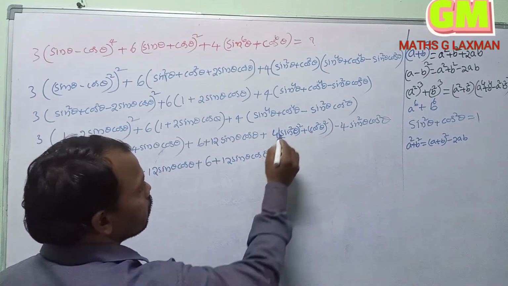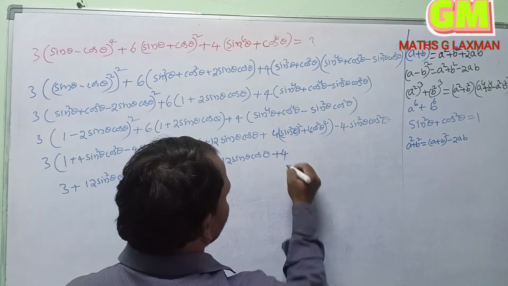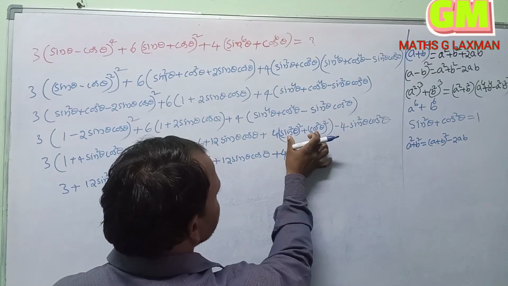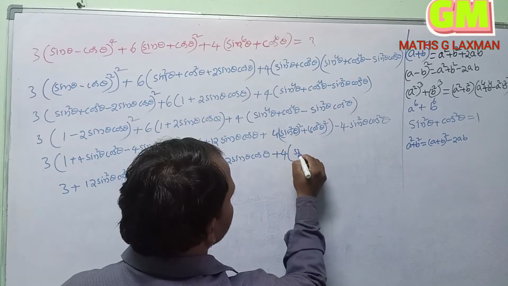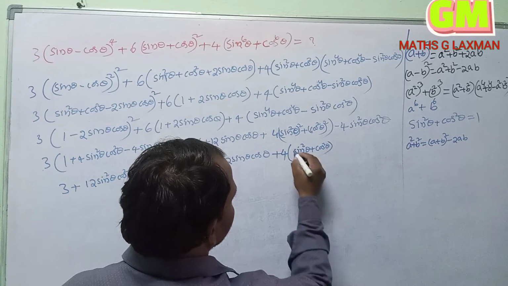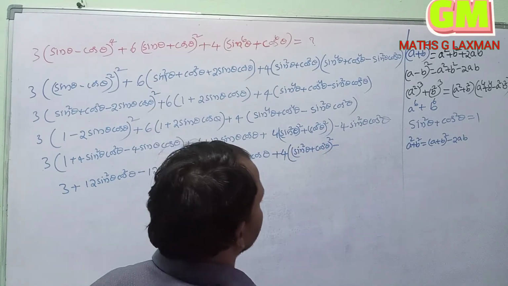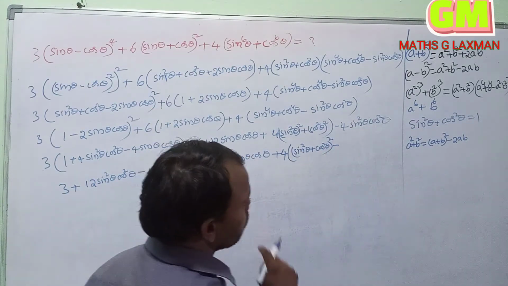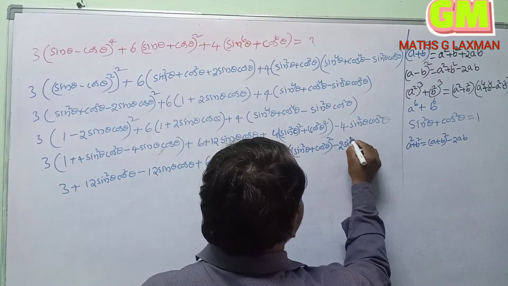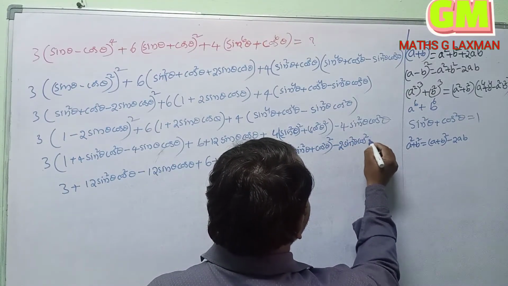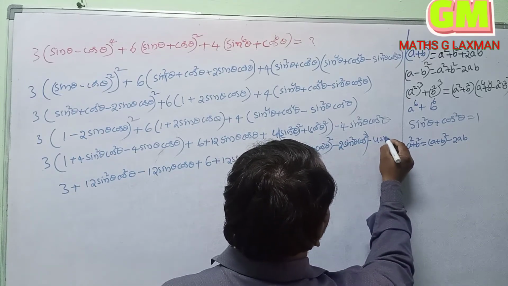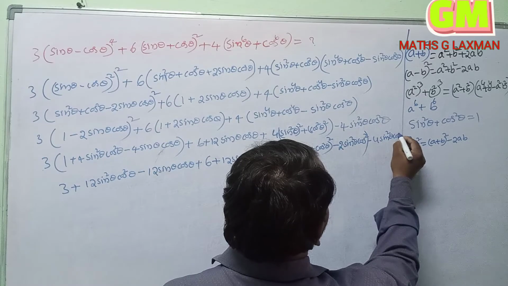So by using that we can write this as a² + b², meaning (sin²θ + cos²θ)² − 2 sin²θ cos²θ, minus the bracket 4 times sin²θ cos²θ.